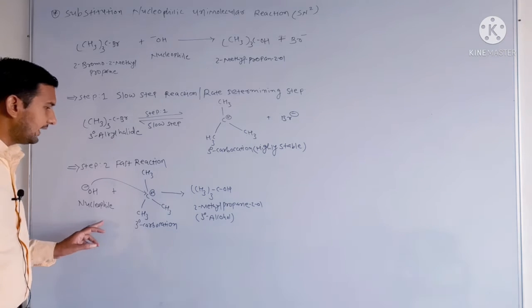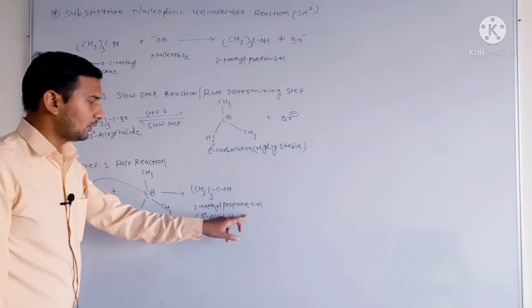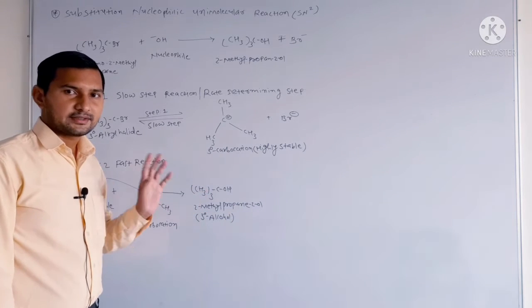So here we get tertiary alcohol, 2-methylpropane-2-ol, at the end of this reaction.